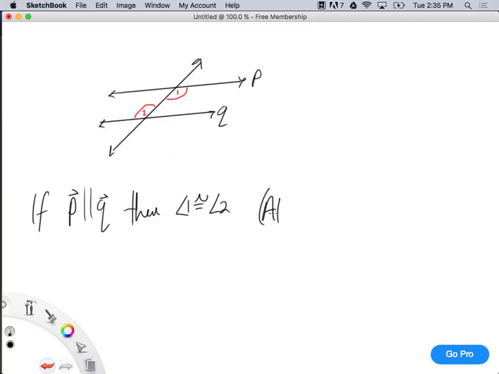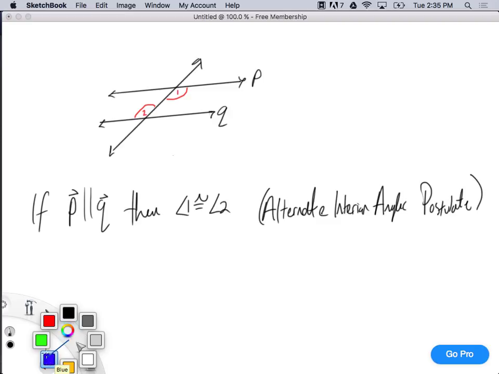That's the alternate interior angles postulate. You understand that? Follow me, guys. Stay with me. Okay, it's the alternate interior angles postulate.